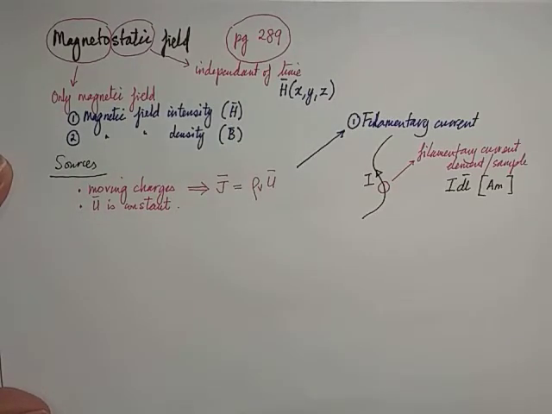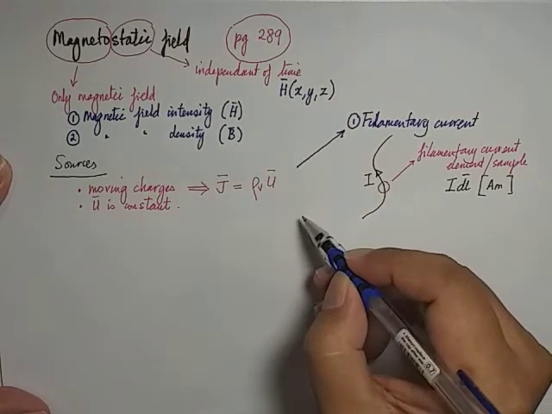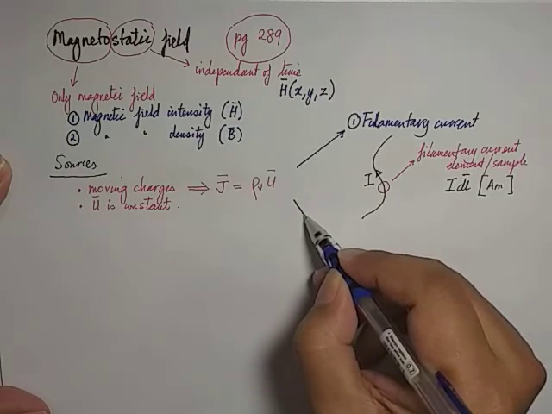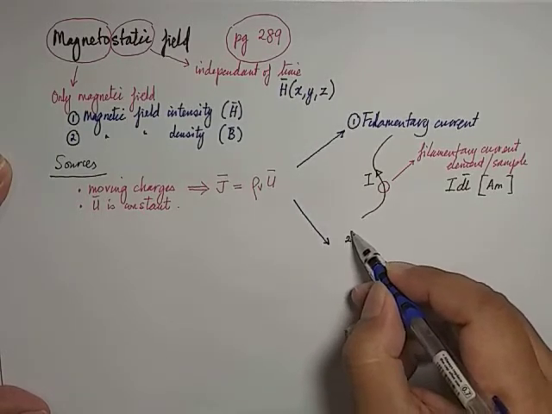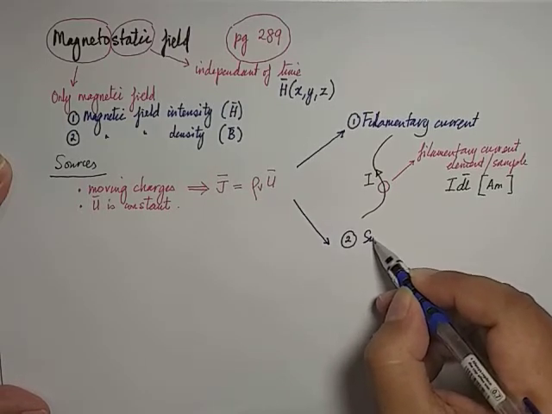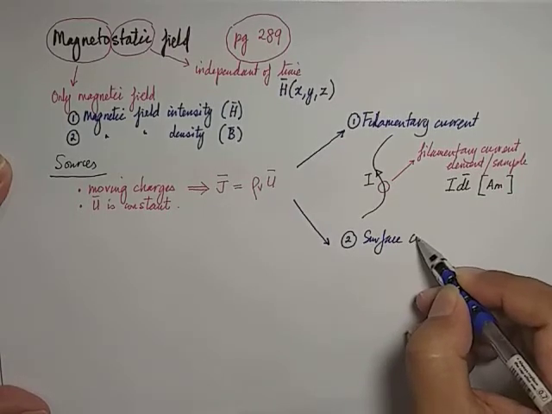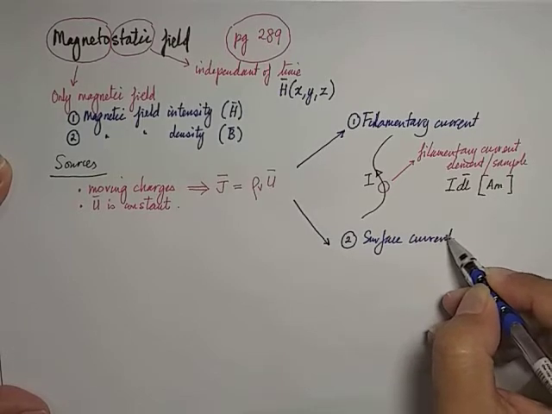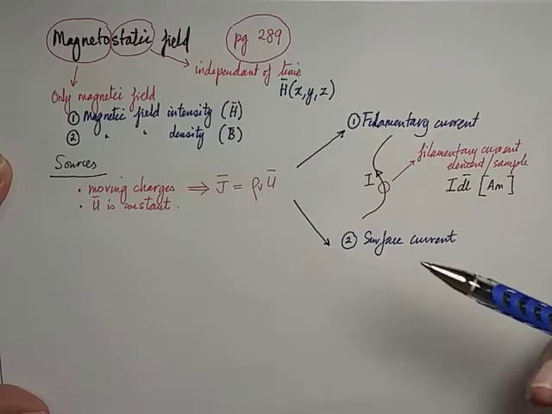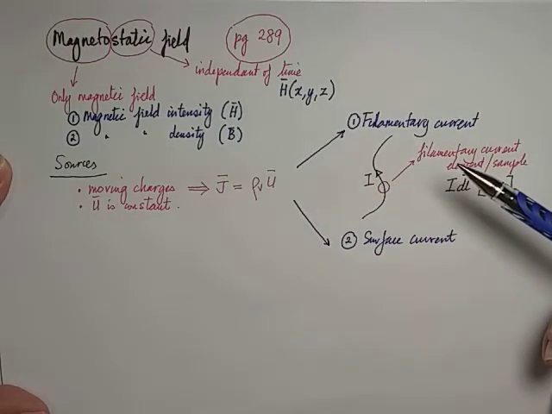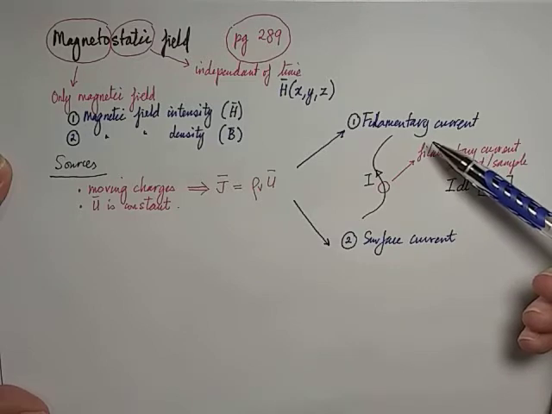Let's continue. We go to the second type of source for magnetostatic, which is surface current. As you can see, in terms of flow it's quite similar to what we have seen in the electrostatic domain, because in electrostatic the source was known as line charge, and then we continued with the surface charge.